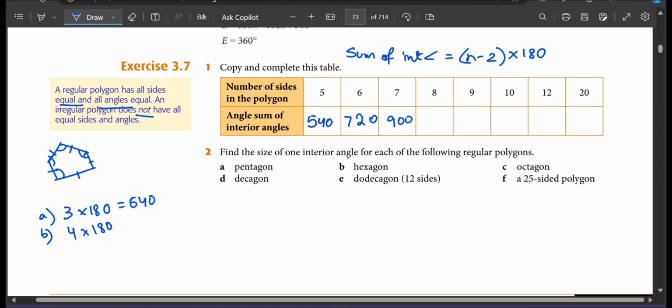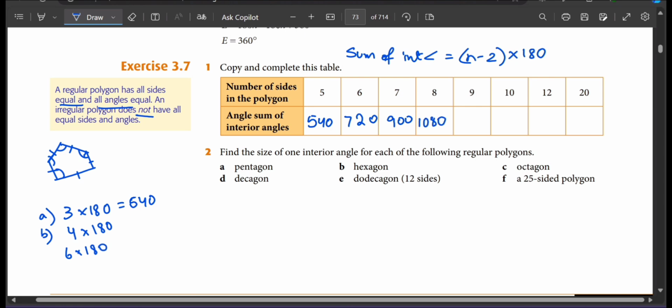And then what we are going to use is 8 as the number of sides in the polygon. 8 minus 2 will be the number of triangles, that is going to be 6, and 6 into 180 is going to be 1080.